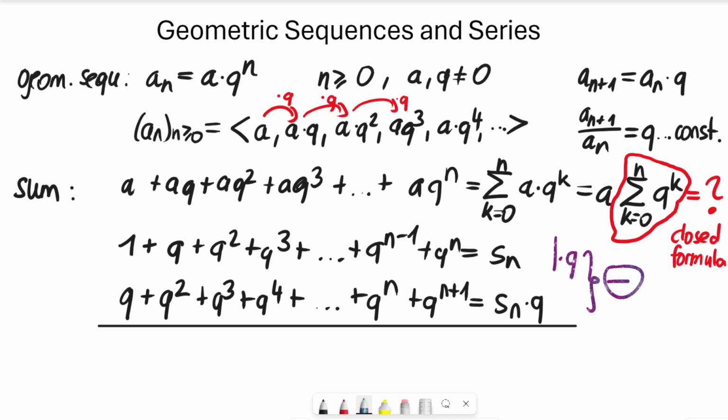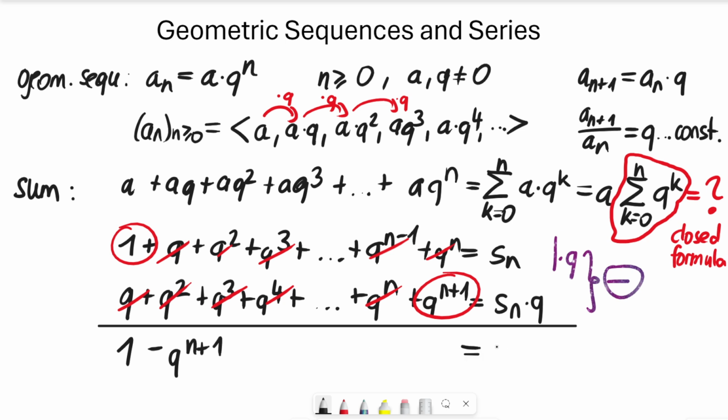And what remains on the left side is 1. This is all canceling out. And what also remains, besides the 1, is the q power n plus 1 term, but with a minus, because we subtract. First line minus second.